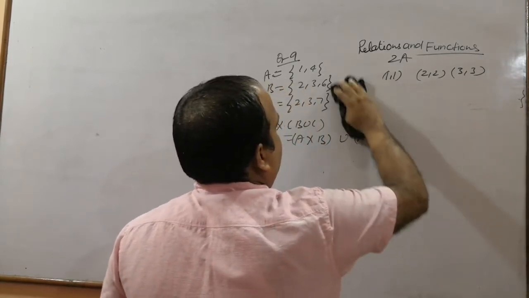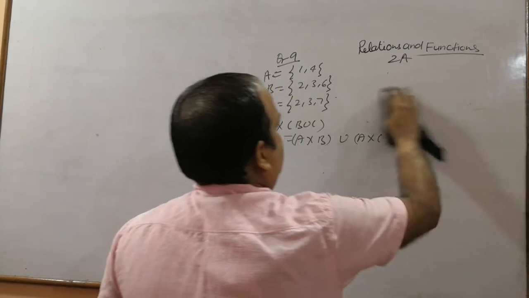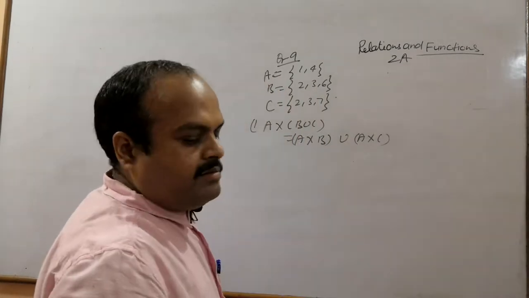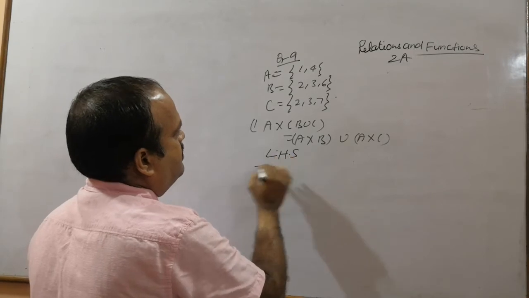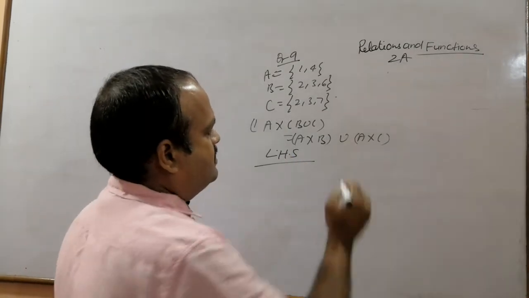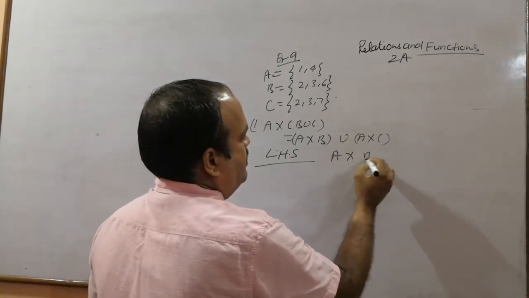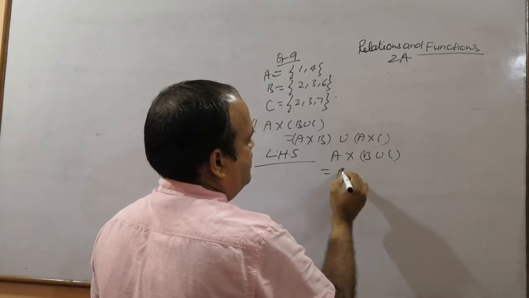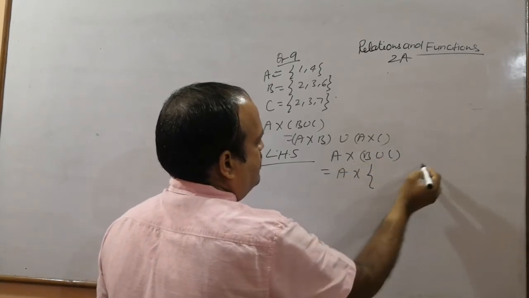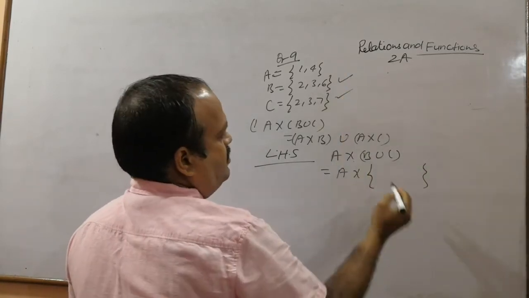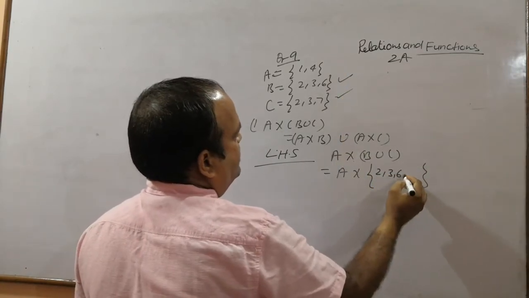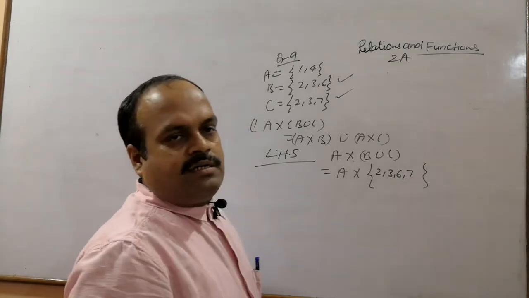Start with the left hand side, LHS: A cross (B union C). First write B union C. When you do B union C, you will get {2, 3, 6, 7}.